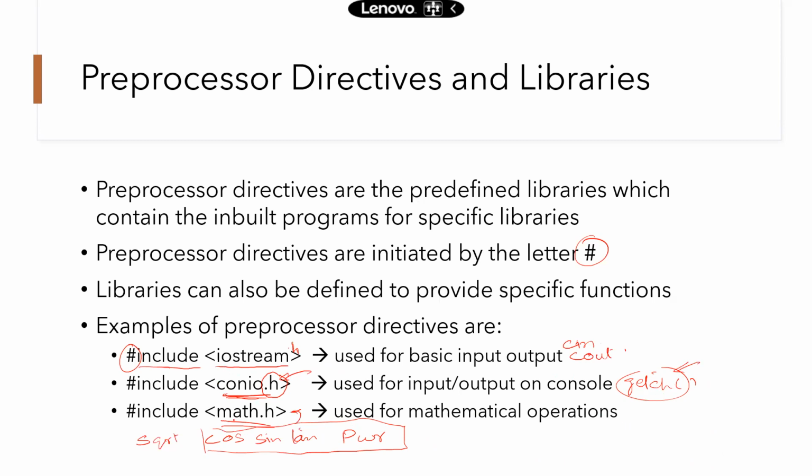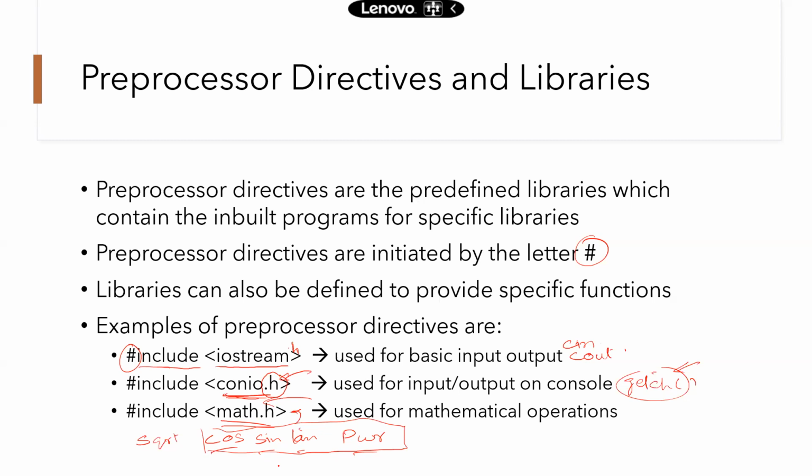Similarly, if we do not include the preprocessor directive math.h, it is not going to recognize any of the defined functionalities like power or tangent or sine or cosine, and it is necessary to include this math.h if you want to have any of the mathematical functionalities.